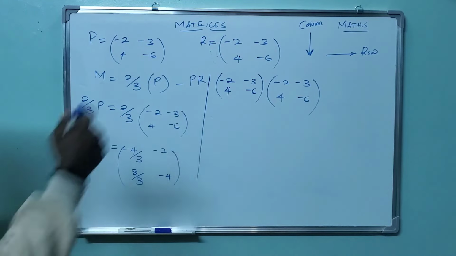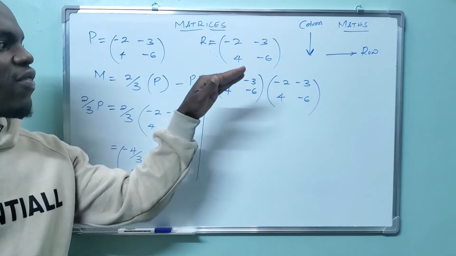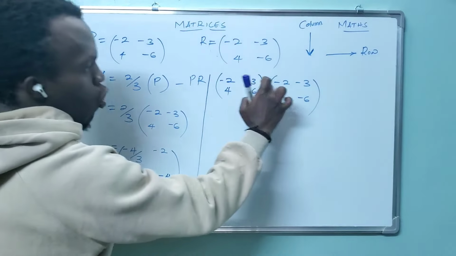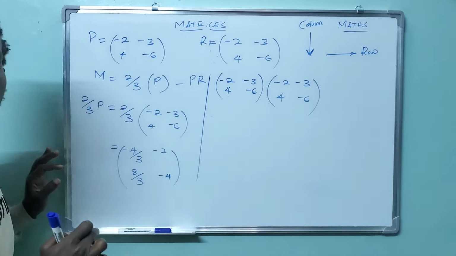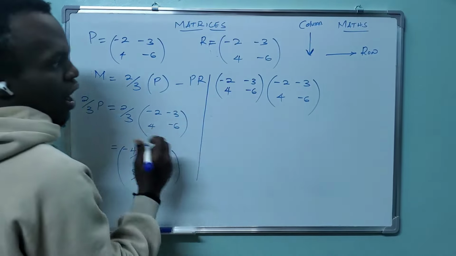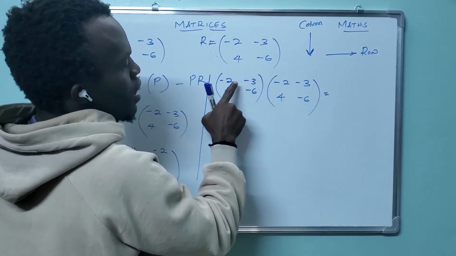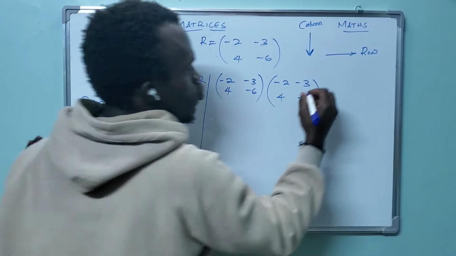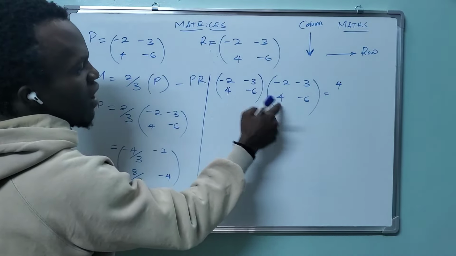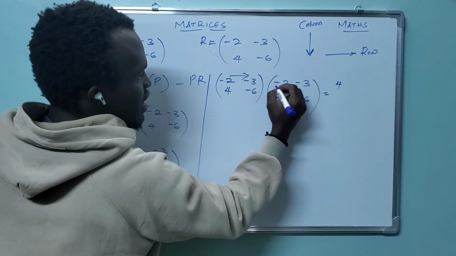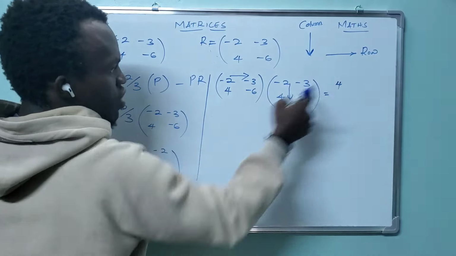Remember I told you that on the first matrix, consider the row. Multiply the first row with both columns before you continue with the second row. So to start, negative 2 multiplied by negative 2 is 4.